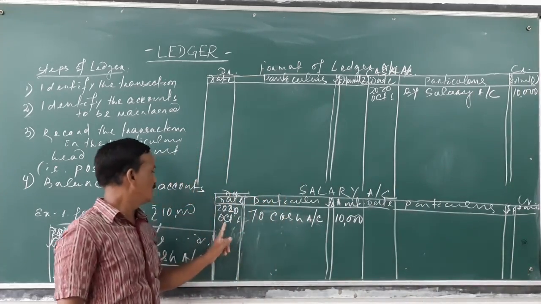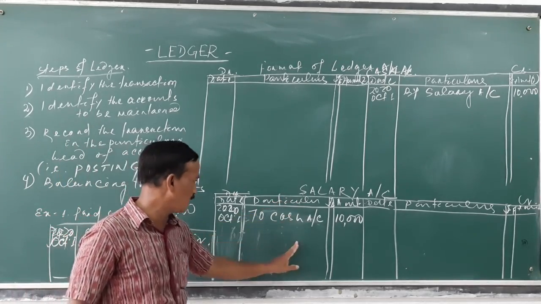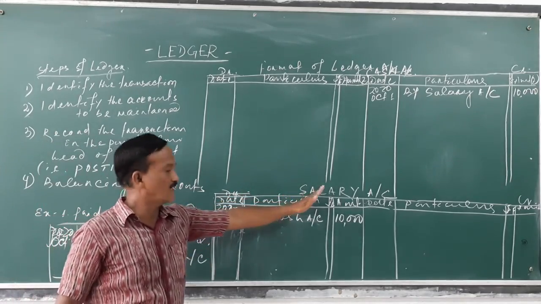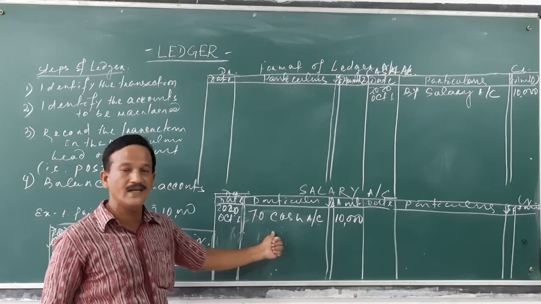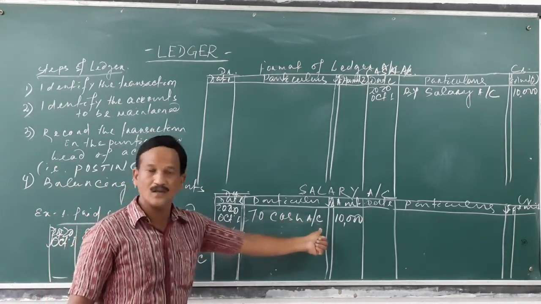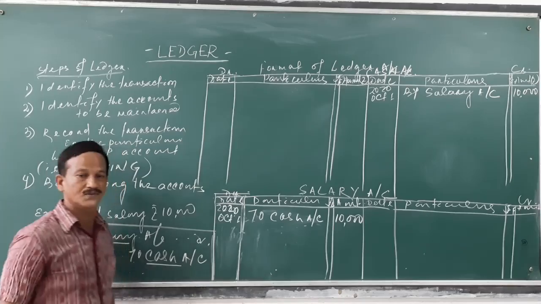When the salary account is debited, write in the salary account's debit side the opposite account, that is, to cash account, 10,000 rupees.